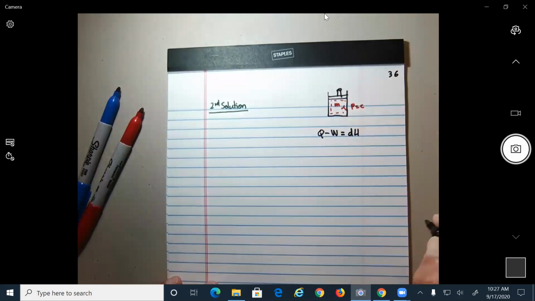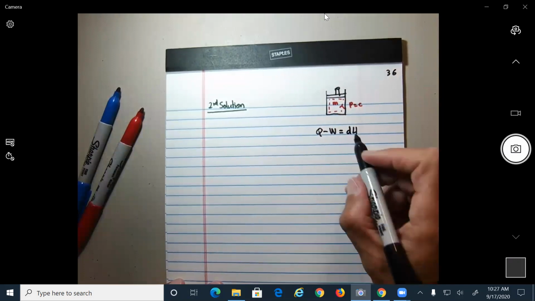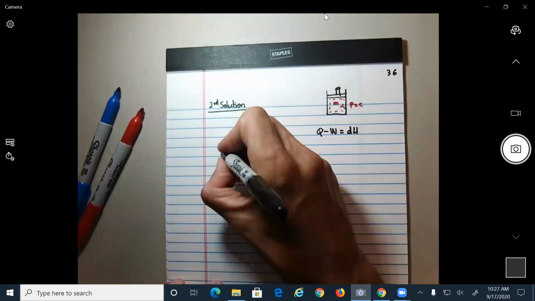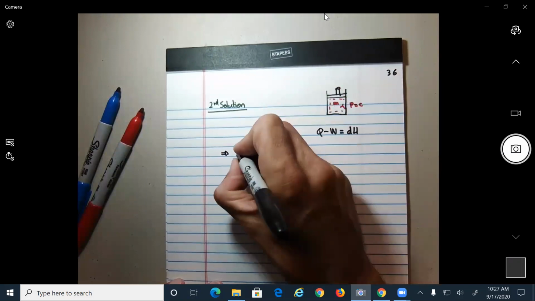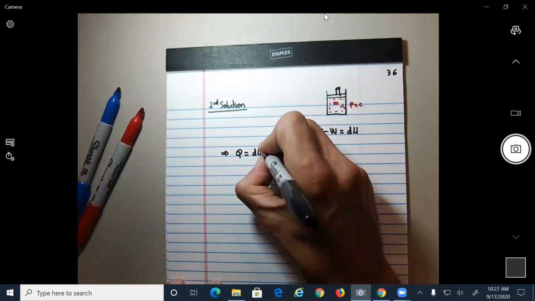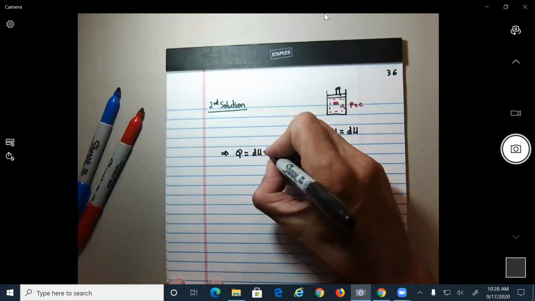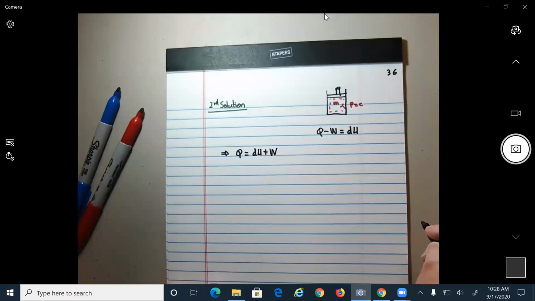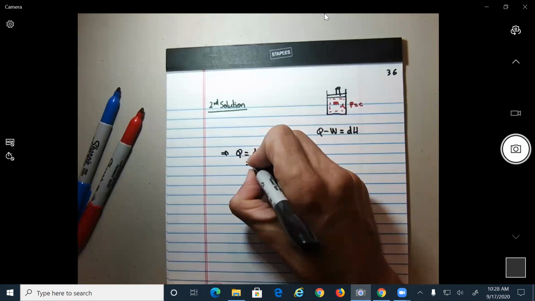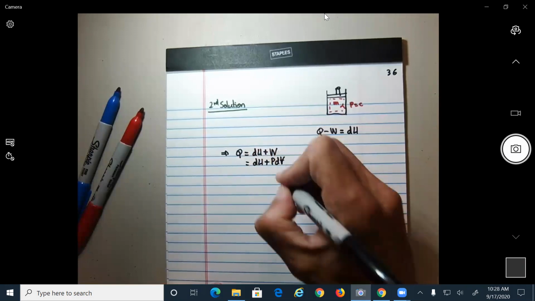So basically, I'm just redoing the derivation. What is the work? This will give you that Q is equal to dU plus work, and work is PdV.